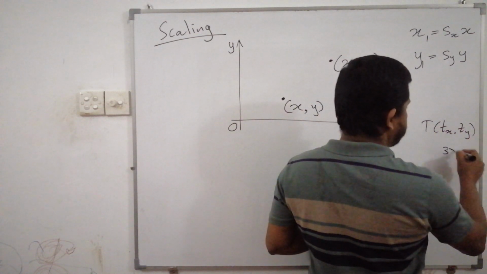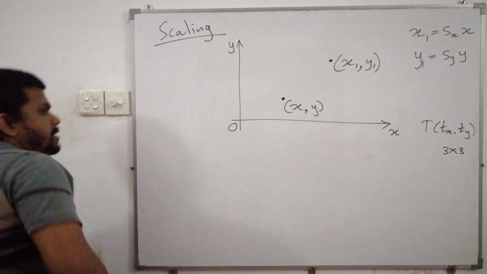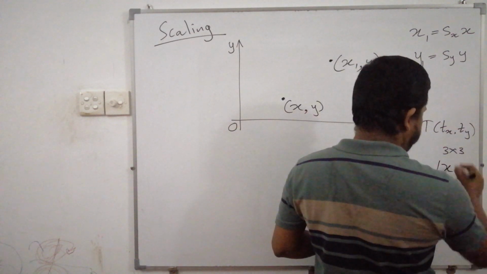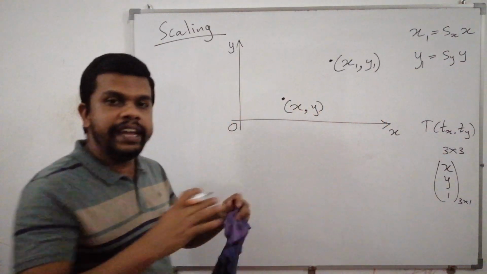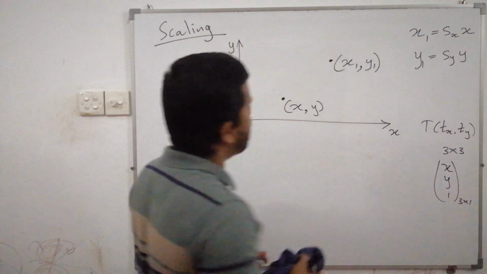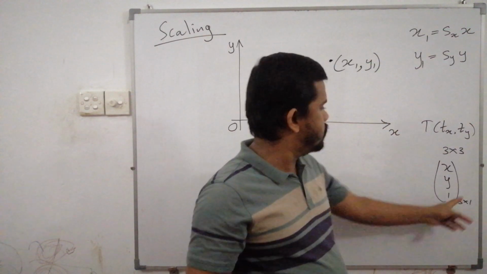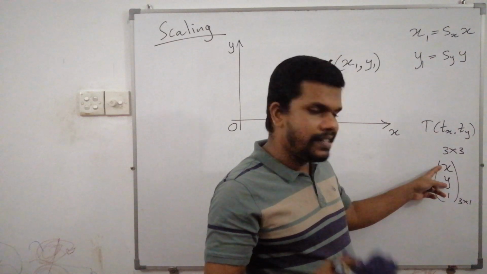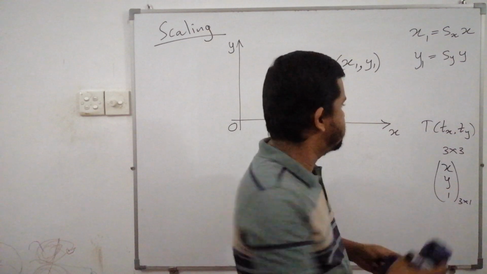This was a 3 cross 3 matrix, and we represented coordinates in this format, 3 cross 1. Therefore, in order to maintain consistency, here also I will represent points using a 3 cross 1 matrix like this. First two values represent the coordinates, and the last one is always 1.